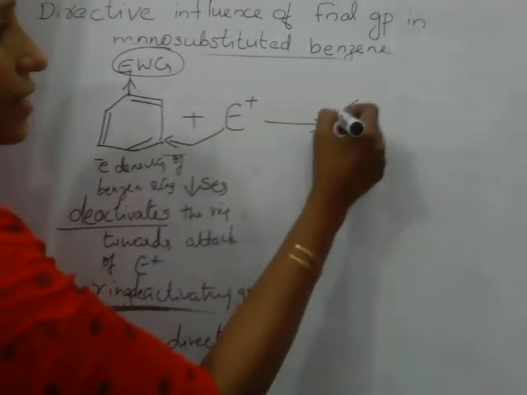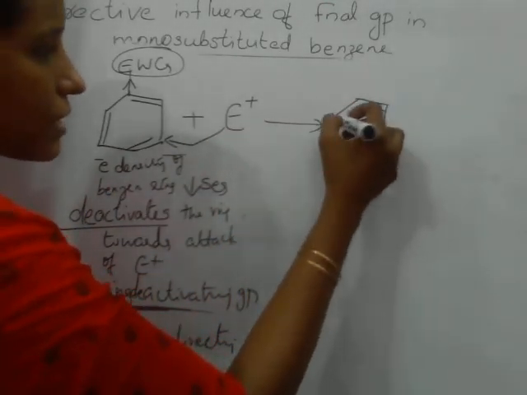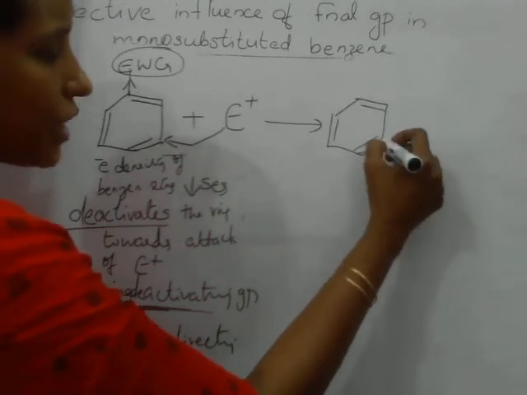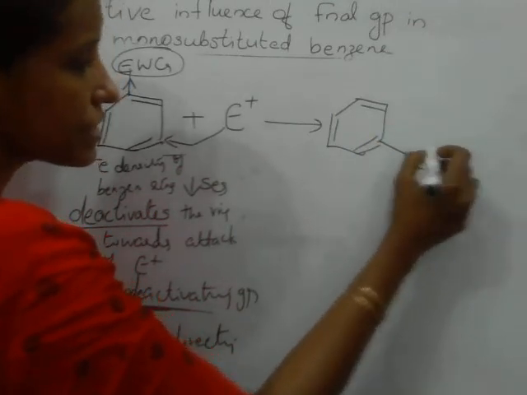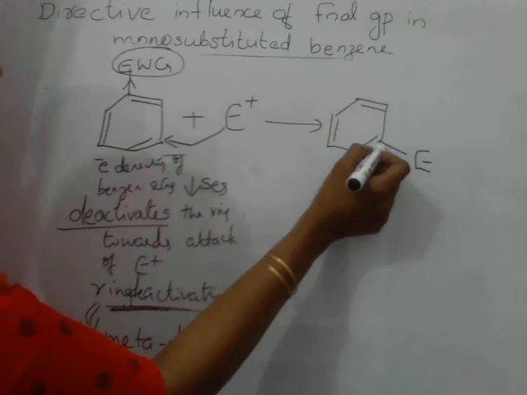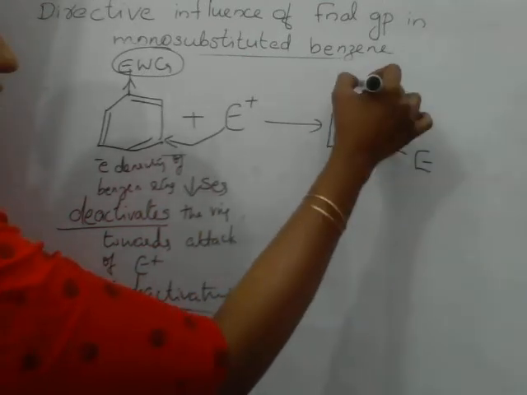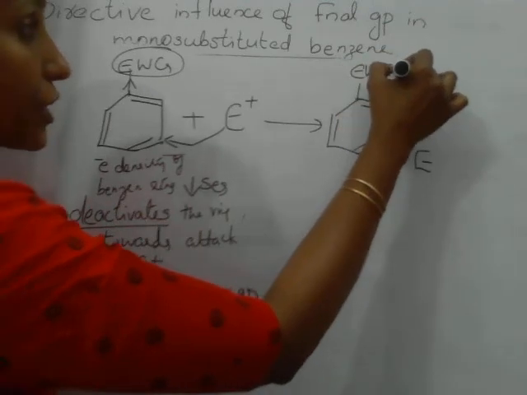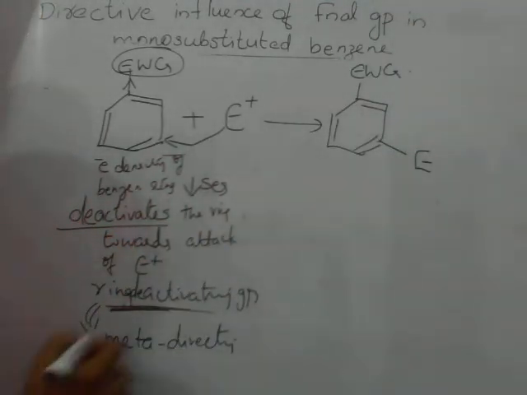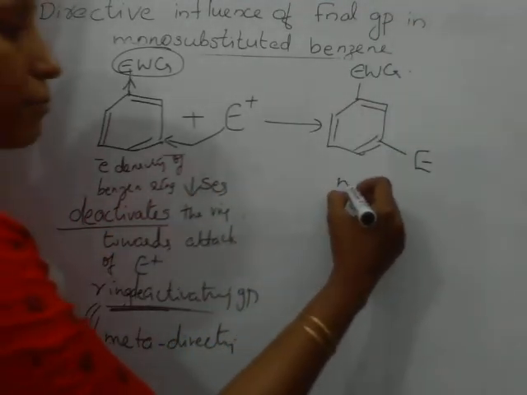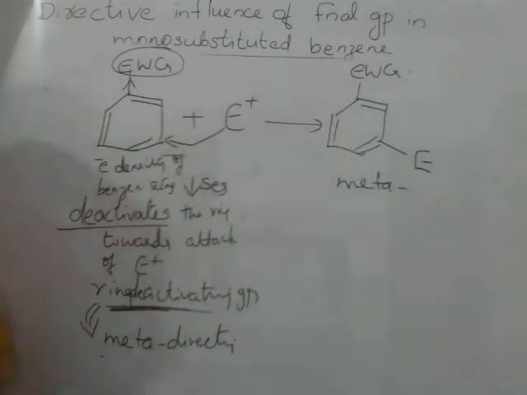So we get a meta-substituted product. Substitution takes place. The electrophile attacks the meta-carbon atom and substitutes the hydrogen present on the meta-carbon atom. If an electron withdrawing group, which is ring deactivating, meta-directing group, is present, a meta-substituted product is obtained.